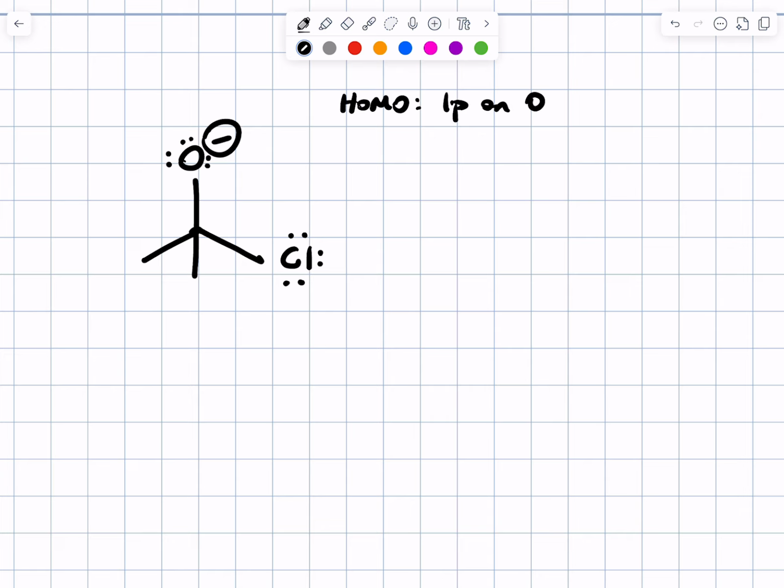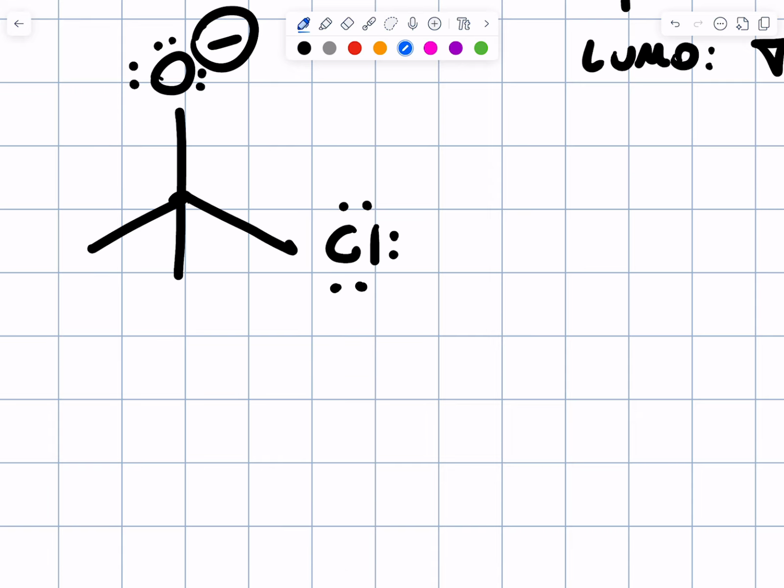Looking at the rest of the molecule, I don't have any pi bonds or empty p orbitals. So if I had to pick a LUMO, this would probably just be the carbon-chlorine sigma star. And if I drew that, here's what it would look like. Small lobes pointing towards the node in between the nuclei, large lobes pointing outward. So there's my carbon-chlorine sigma star.